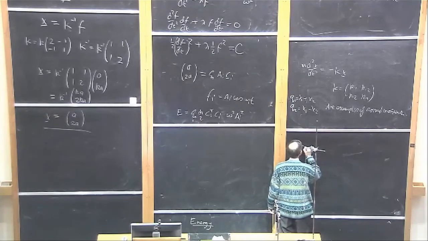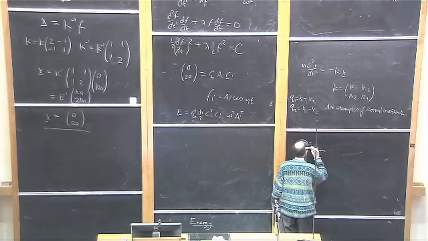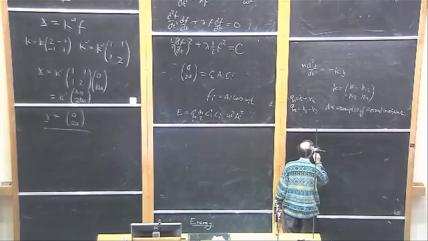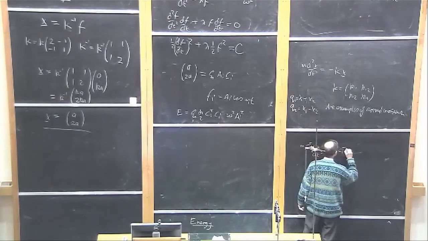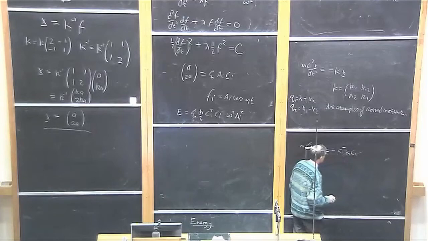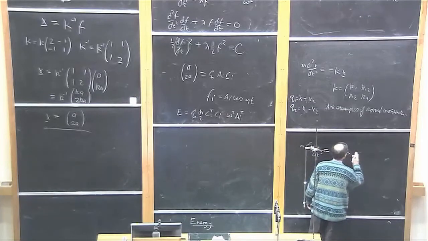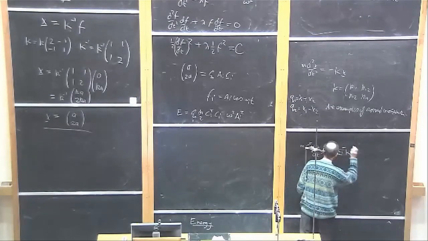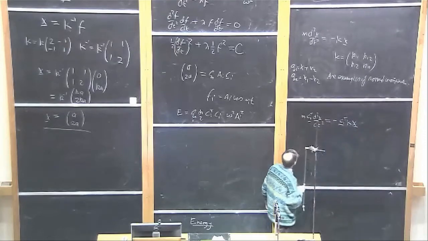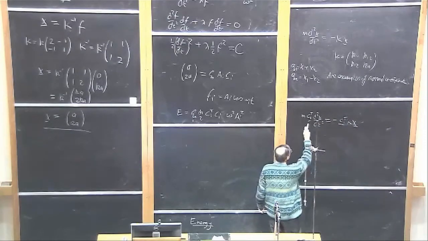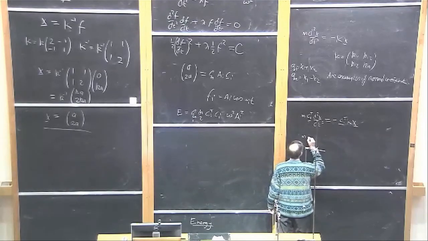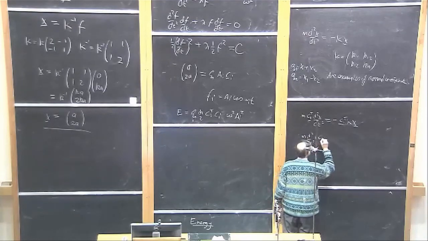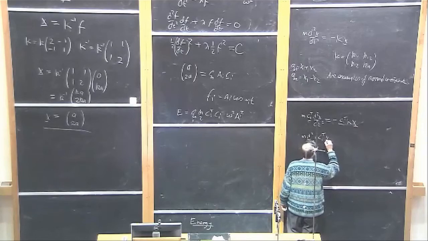So we get M C1 transpose d2x by dt squared equals minus C1 transpose k x. These C1 transpose are just constants, of course, so I can take them inside the derivative and write that as m d2 by dt squared of C1 transpose x.